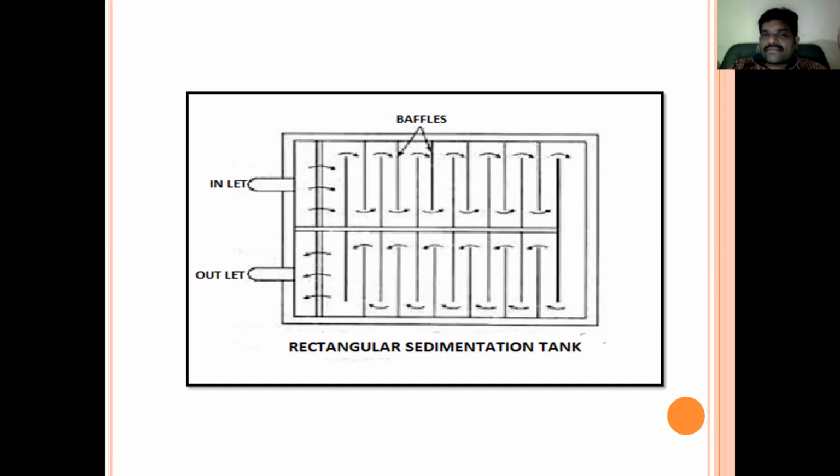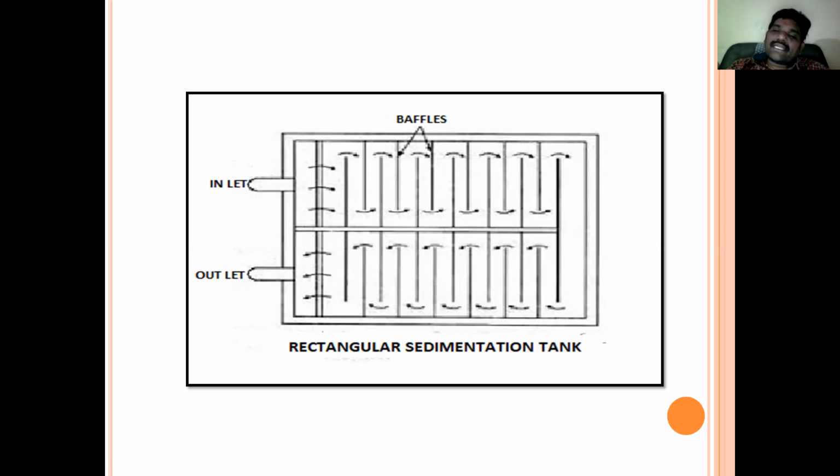While the water is traveling along these baffles, where the speed of water is fixed, the particles will settle at the bottom. Likewise, the water flows over such a long distance and comes out through the outlet.